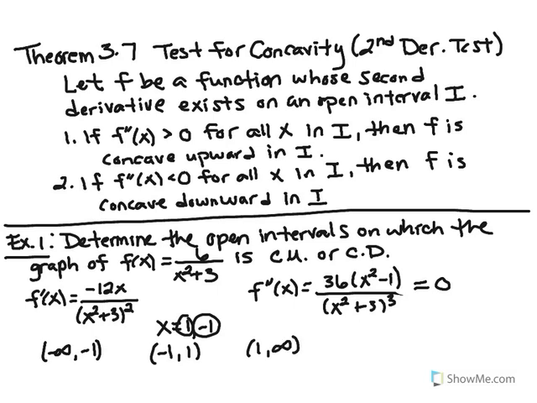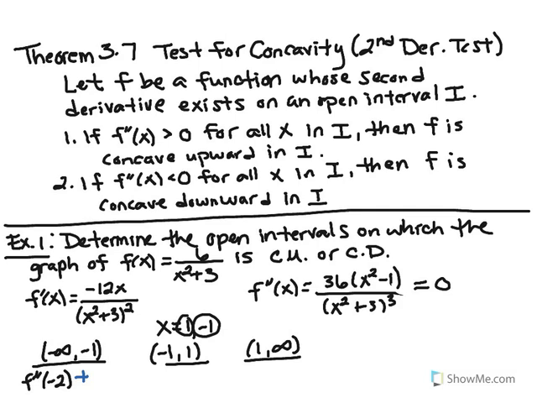So let's see what happens with all of these when I plug some values into the second derivative function. Let's say I do f double prime of negative 2. That's within that first interval. And when I do that, I happen to get something that is positive, so this is greater than 0.